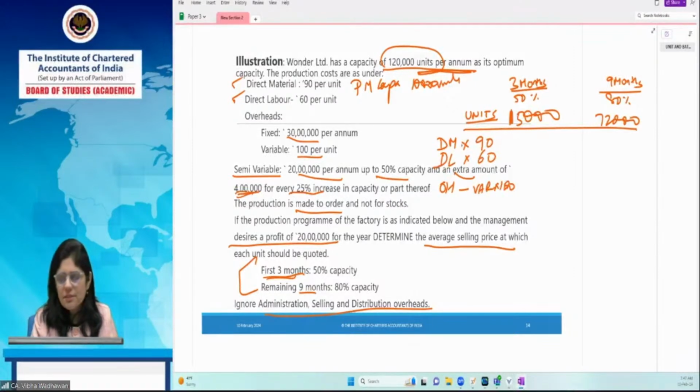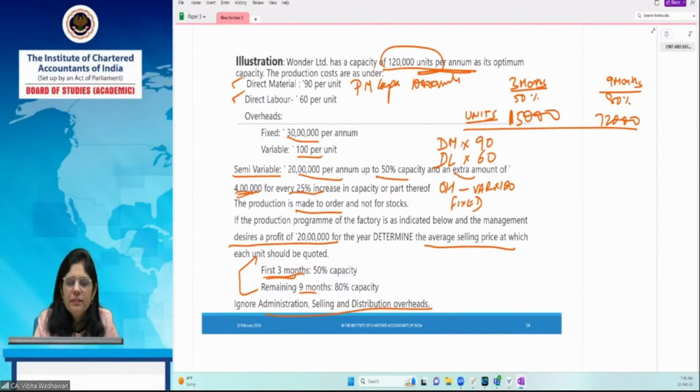Now fixed overheads. Can I have the fixed overheads for 3 months and 9 months? Fixed overheads are 30 lakh per annum. Can you tell me the fixed cost for 3 months and 9 months, please?